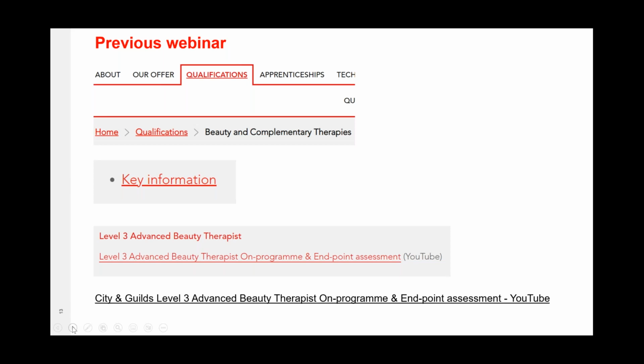So if you wanted to have a look at the overview of this particular standard for the on-programme element and also the endpoint assessment element, please do take a look on the website, have a look through that webinar, and you'll be able to see a really great overview of what it means, funding bands, timings, and those endpoint assessment elements. But today, Sarah's going to take you through a real deep dive into that on-programme qualification that we've put together for you. Okay, I think that might be the end of my section, Sarah.